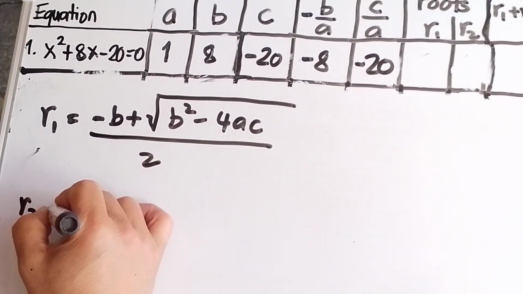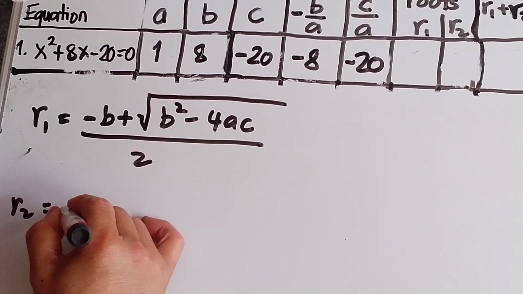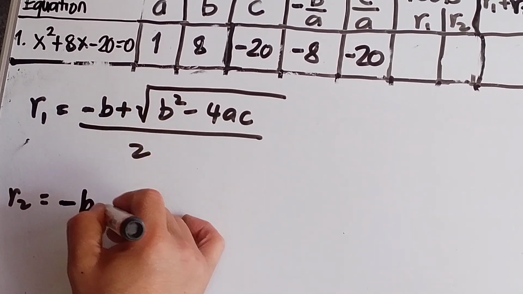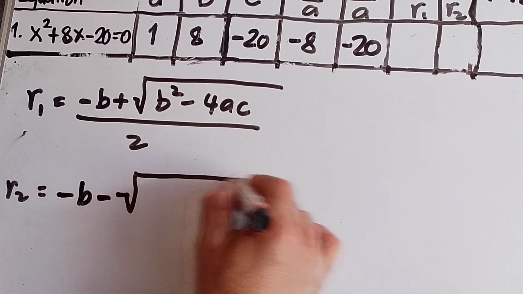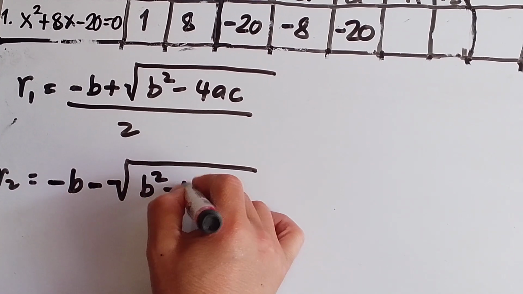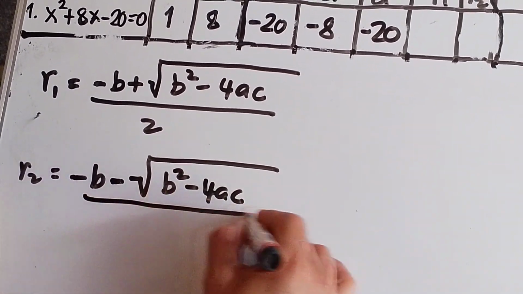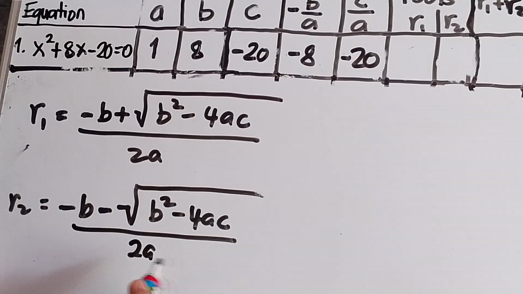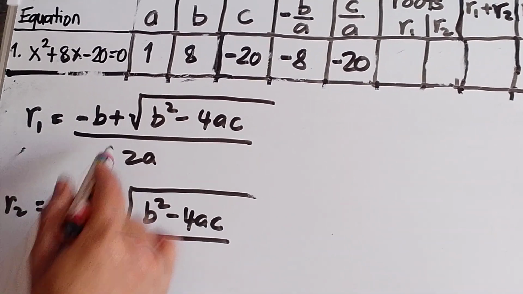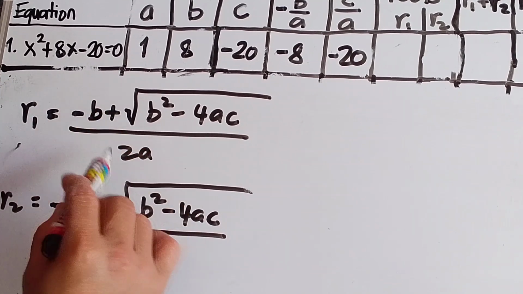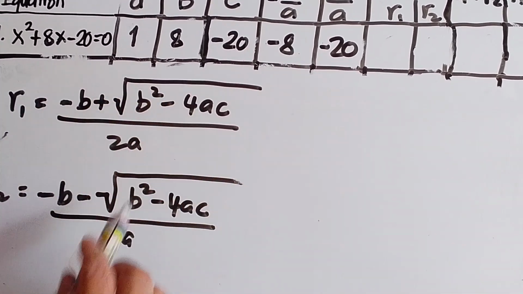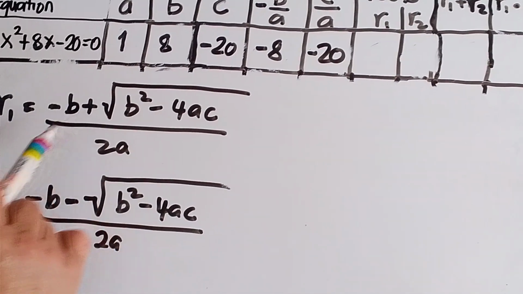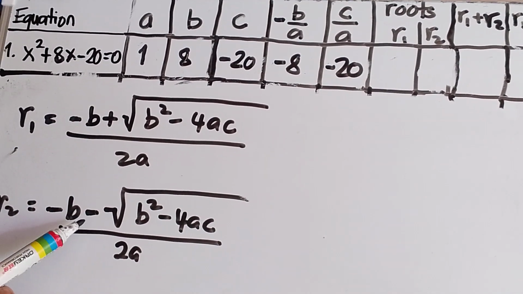While R2 will be the opposite. Negative b, the other one is minus square root of b squared minus 4ac all over 2a. So the difference between R1 and R2 is in here, between the square root of b squared minus 4ac. Look at this one, positive, and the other one is negative.